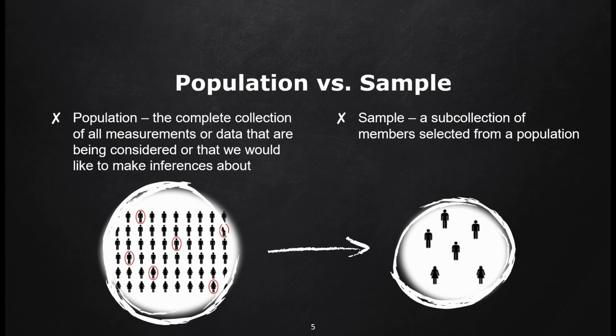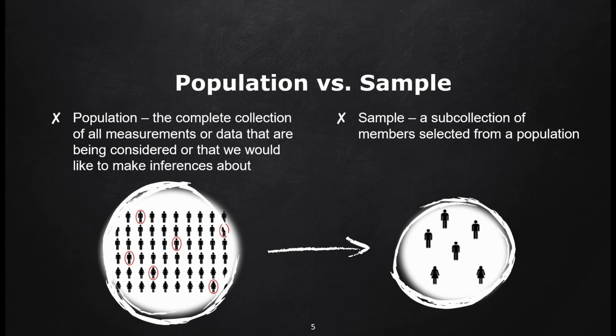Now, on the other side, a sample is a small piece, a small group that we take out of our population. Why do we do this, you may ask? Some populations are just so absurdly huge. There's no way we can take into consideration every single subject. For example, let's say stars.